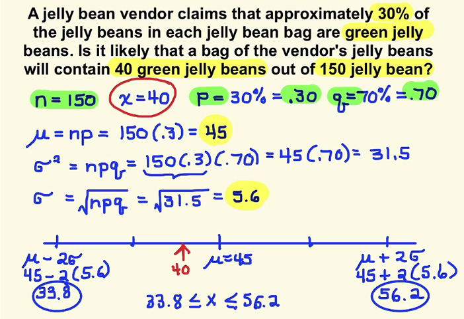So I would say, yes, this is likely. This is the range rule of thumb that allowed us to make that educated guess. And yes, it is statistically likely that there would be 40 green jelly beans out of 150 if the vendor claimed that approximately 30% of the jelly beans in each bag were green.